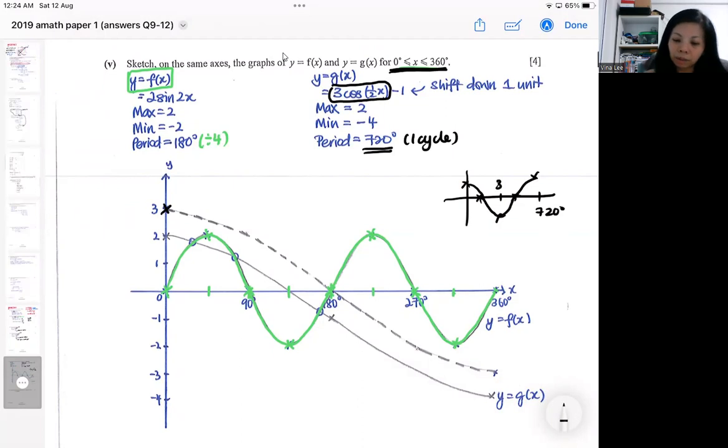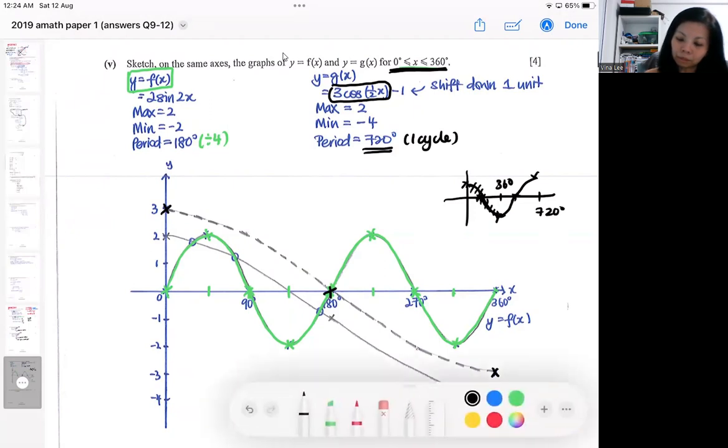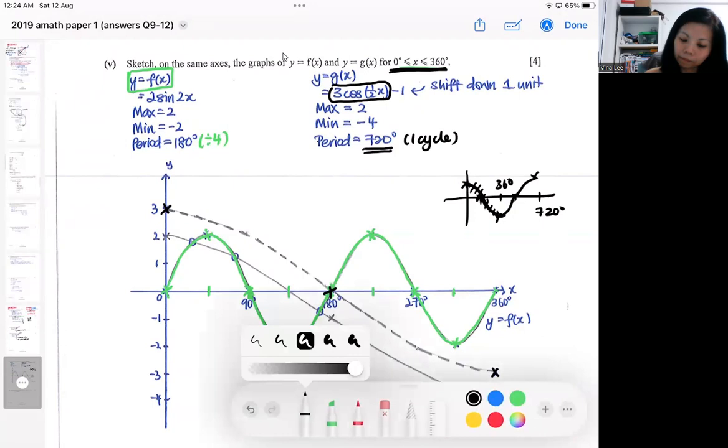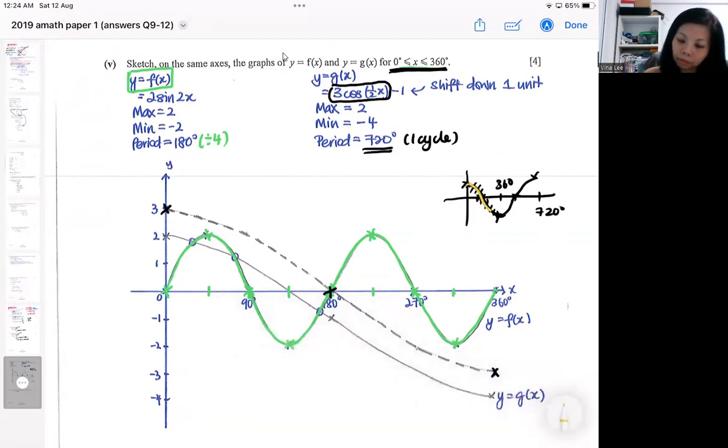But since I'm at 360, I will only be getting this part of the cycle. So that's exactly what I do. Okay, so it's at -3. I'm only doing this part.